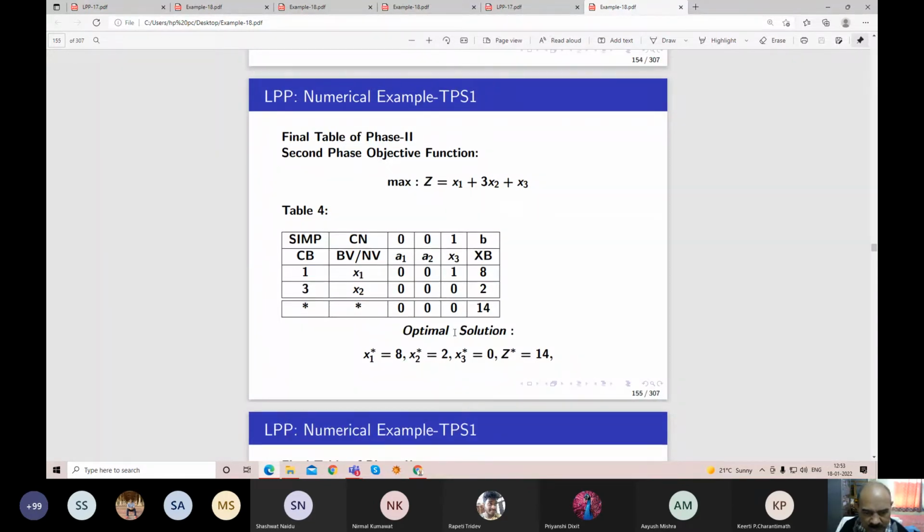Earlier you got the 8 to 0 solution, then 0 to 8 another solution. Now I'm saying 4 to 4, 8 plus 6, that is 14. So there are infinite number of solutions.